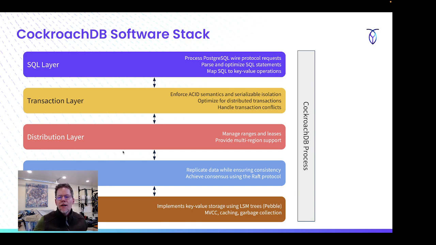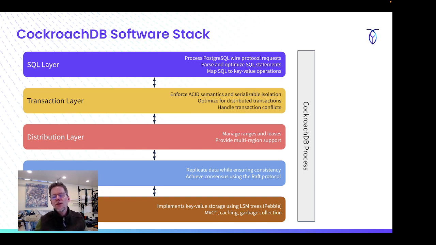So the software stack, typically we divide it up into 5 different layers: a SQL, transaction, distribution, replication, and storage layer. So the SQL layer you can think of as really client hits the CockroachDB cluster or the individual node, and we do some processing of the PostgreSQL wire protocol requests.